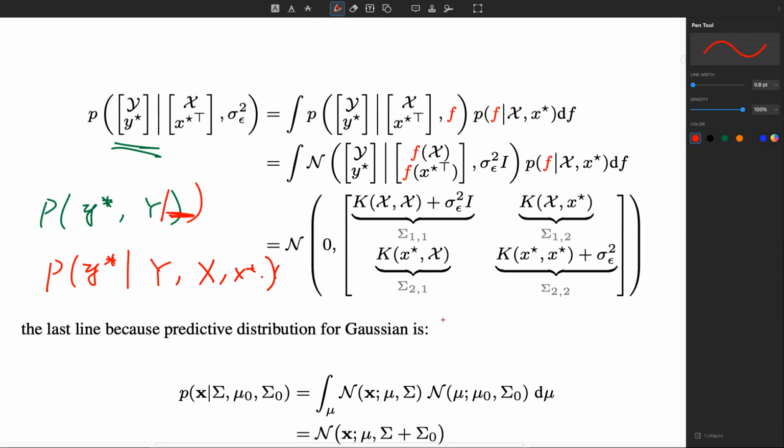By working out the joint density, you automatically are able to compute the conditional. Why? Because everything is Gaussian. When you have a Gaussian joint density, you know exactly what the conditional density should be. How do you do that?